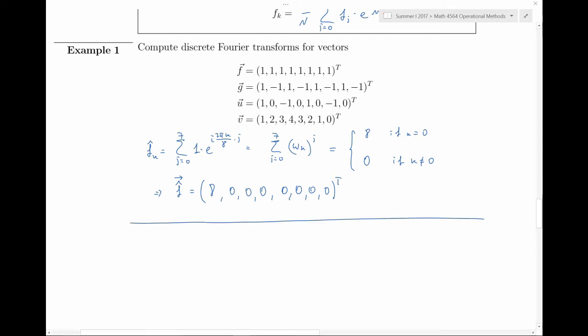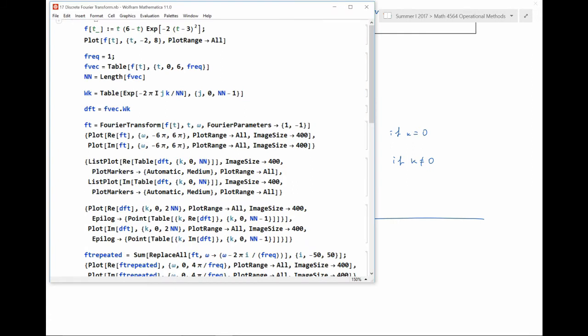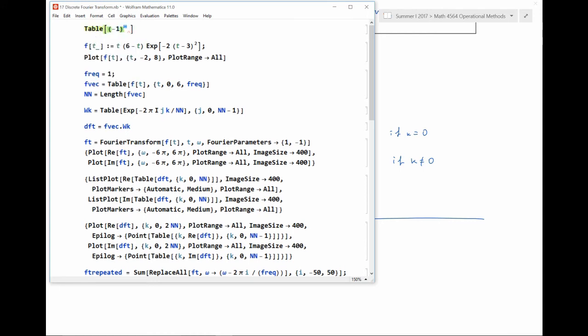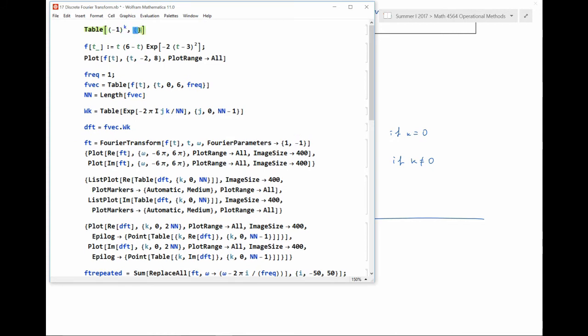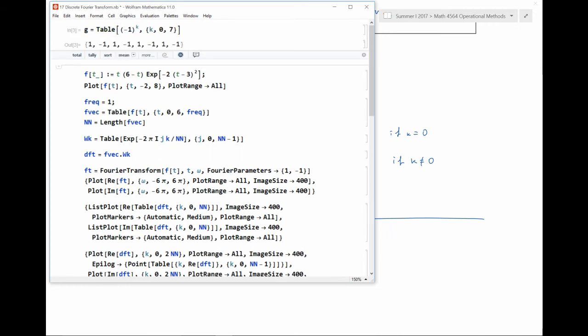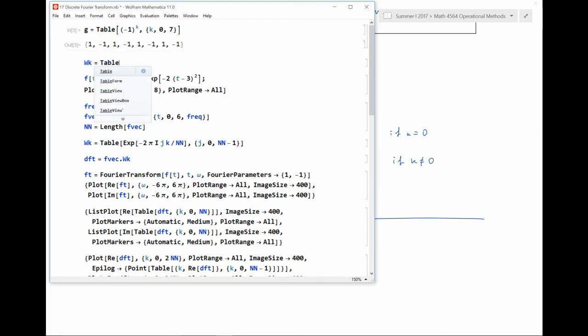So my next signal is powers of -1, so I'm going to tabulate the number -1 raised to the power k, and I'll let k go from 0 to 7. I'm going to say that this is my vector g. So next I need to create a vector with the exponentials.